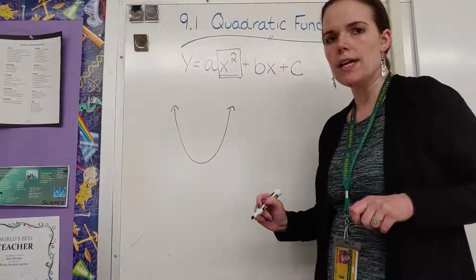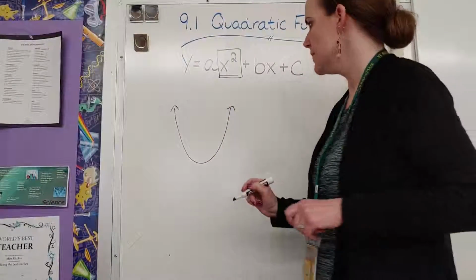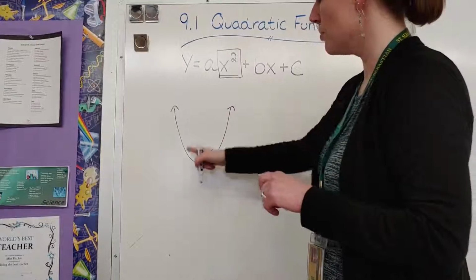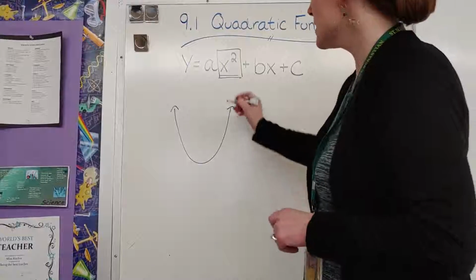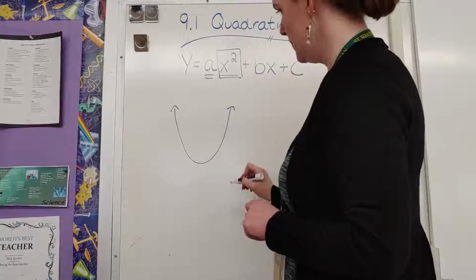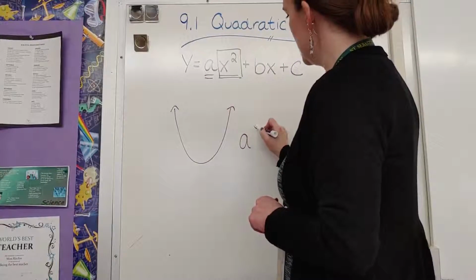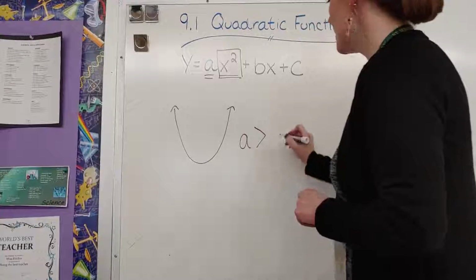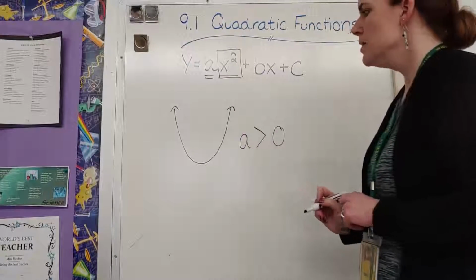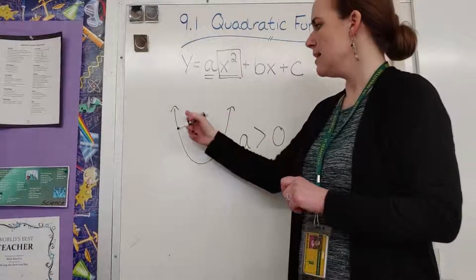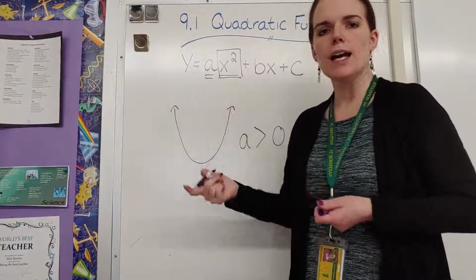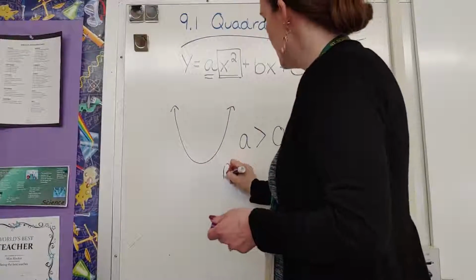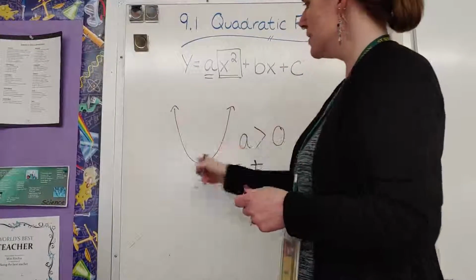If a quadratic function looks like this, so the parabola is going upward, that means this a value is greater than 0. So essentially, if it's like this, a is a positive number. And I always think like if a is positive, then it's a smiley face.